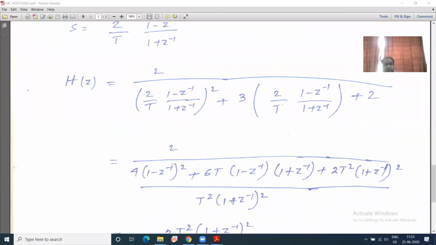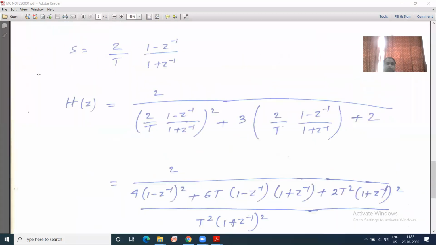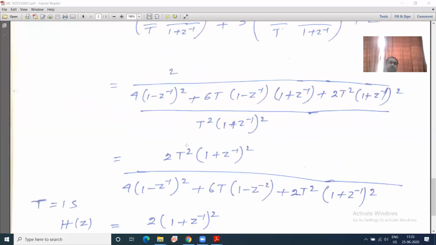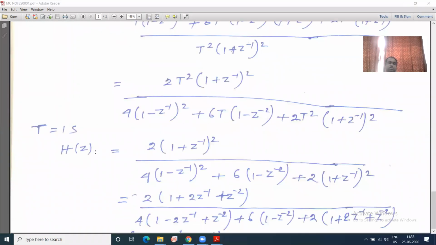Once you simplify, you will get this expression. I have not substituted T because I can substitute T even early, but I will substitute later. After the whole derivation, you will substitute T equal to 1 second. Then you will get this expression. This will be your s to z transformation. I hope this is very straightforward and very simple. If you have any doubt, you can ask.